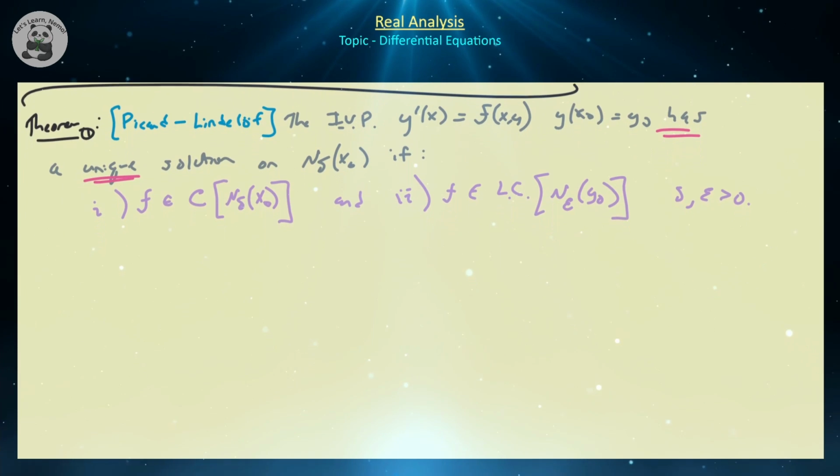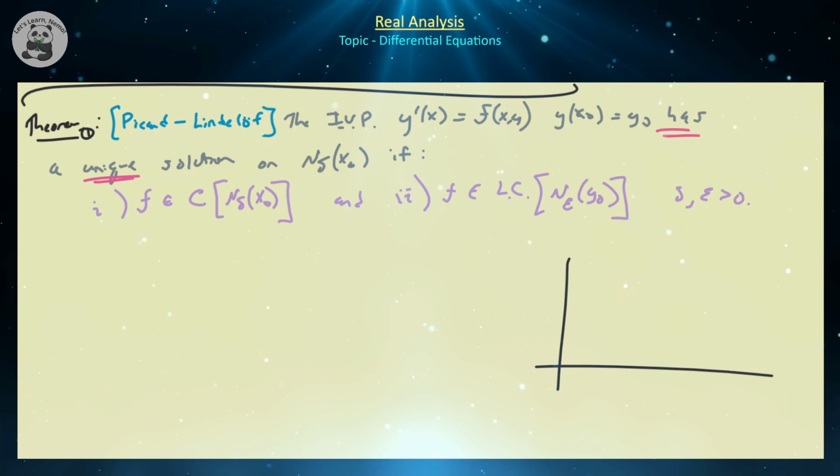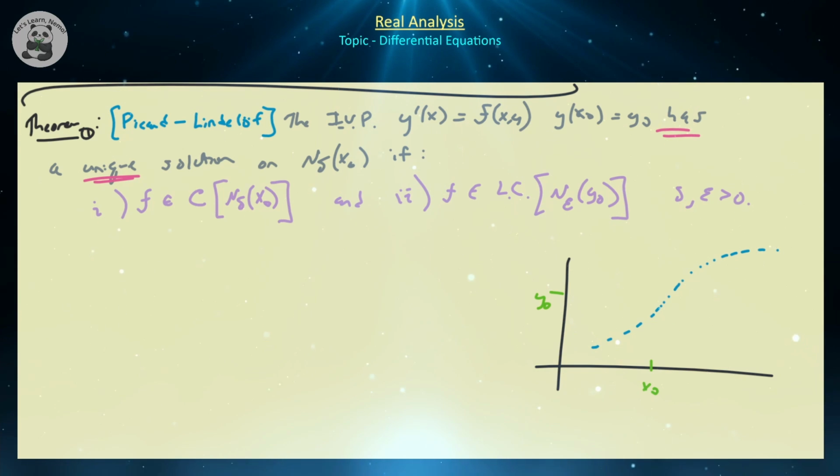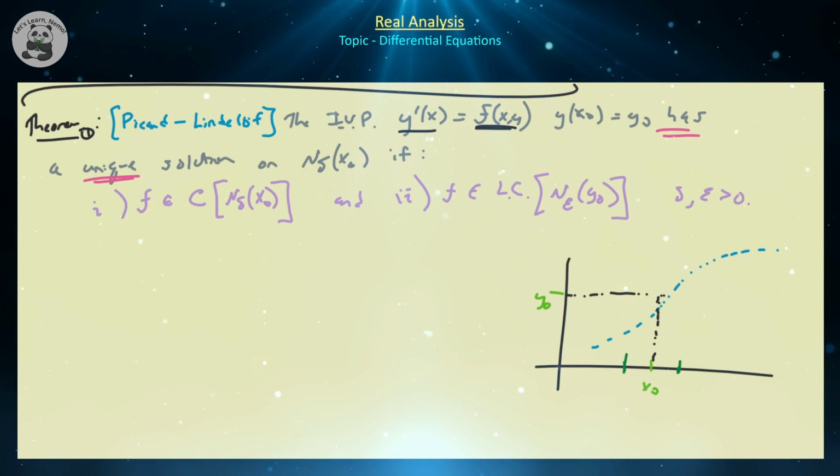So if we think about what we're looking at here, practically what we have is some initial condition. Let's assume we have x0 and y0, and we're trying to find the solution that satisfies this particular relation. So let's just do it in dotted blue. As long as this function f, which describes the rate of change, because f represents the derivative of y at a bunch of different points (x, y) in R2, then as long as the curve satisfies some properties, so it has to be continuous in this region, which is practically your neighborhood of x, and it also has to be Lipschitz continuous in this region here, right?